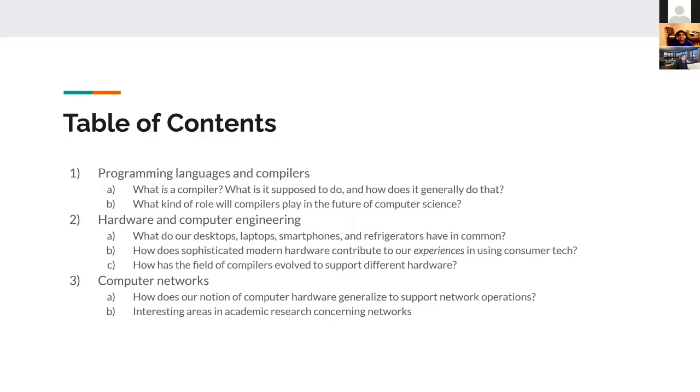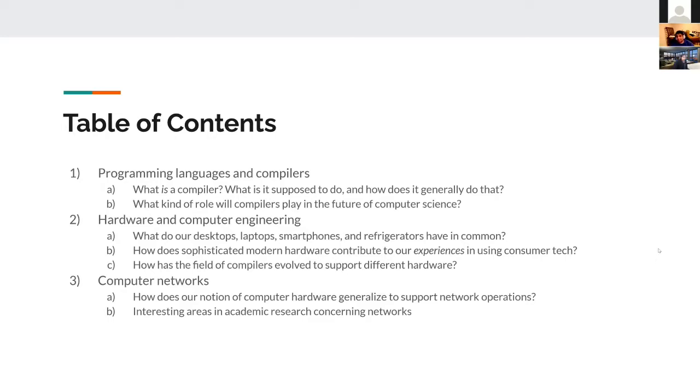Aside from that, I'll also be talking about hardware and computer engineering. You can think of that subset of the talk as grad computer architecture, framed in a much more interesting way. One of the interesting applications of the hardware side of things is that there's a lot of interesting stuff going on in gaming.